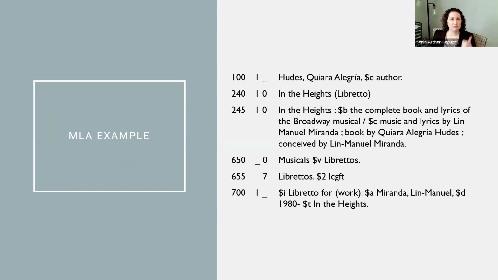So here's an example from MLA best practices, basically saying, all right, we've got a libretto, and actually in the example it had a 380 and a 655, but I took out the 380 because it didn't follow the actual best practices in a later document. So you can just have the 655 saying this is a libretto.